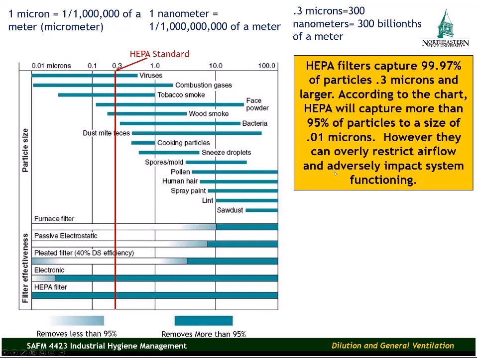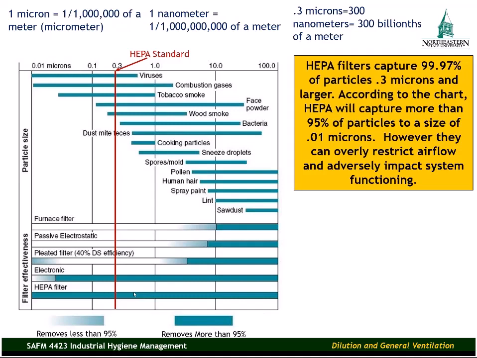Now, I've talked about most of these points already, but I'll just review them with you. HEPA filters will capture 99.97% of particles 0.3 microns and larger. According to the charts down here, HEPA will capture more than 95% of particles down to a size of 0.01 microns.